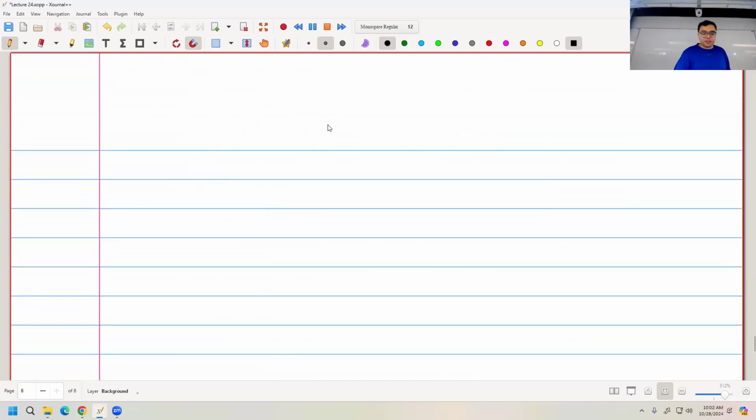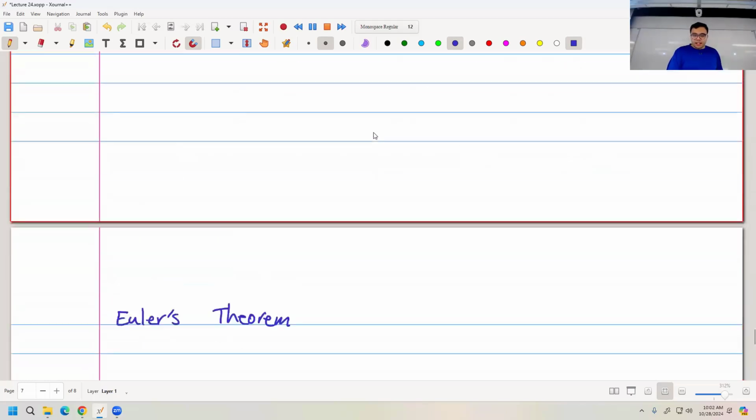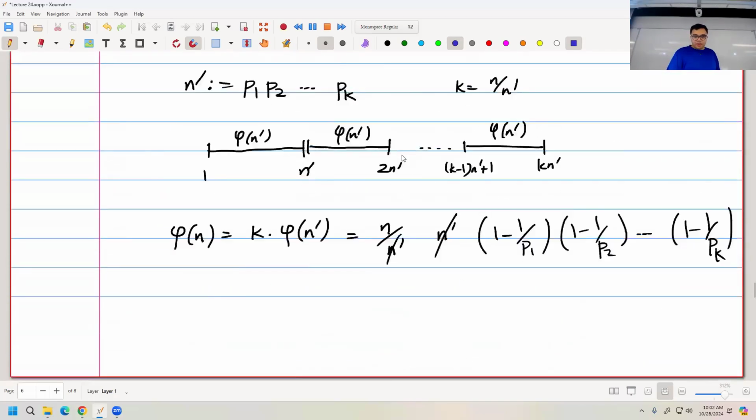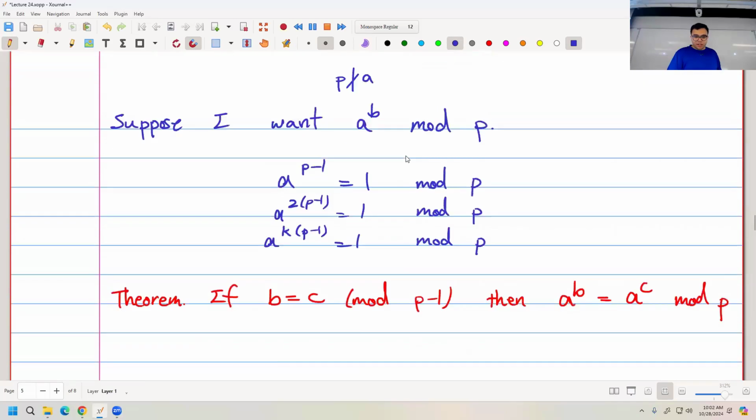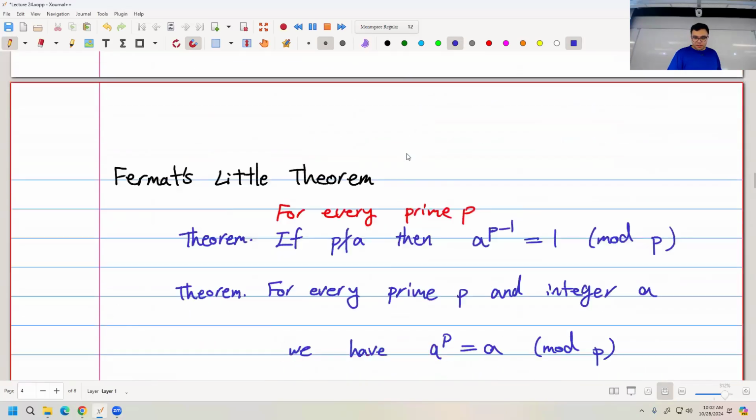Because now I want to give another theorem, and this is Euler's theorem. This is an extension of Fermat's little theorem. So in Fermat's little theorem, we were saying that look at a to the power of p minus 1 when p is a prime number, right? Let's go here.